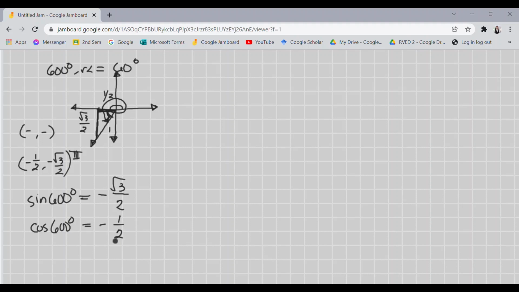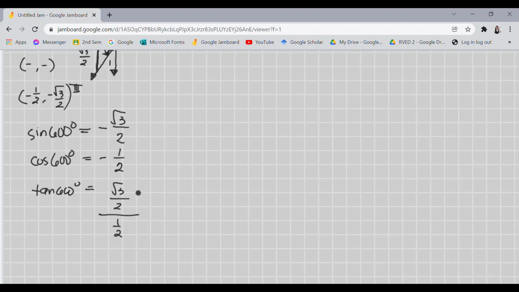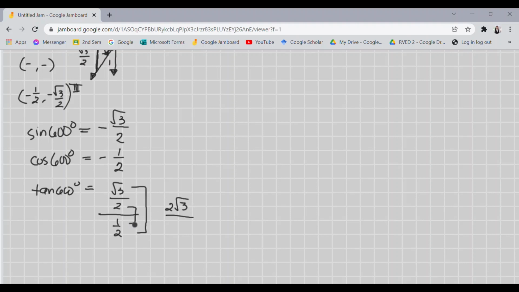Okay, so for tangent 600, we have sine over cosine. So we have square root of 3 over 2 all over 1/2. So applying the technique that I previously mentioned, outer you have 2 square root of 3 over the denominator. For the inner, you have 2 times 1.